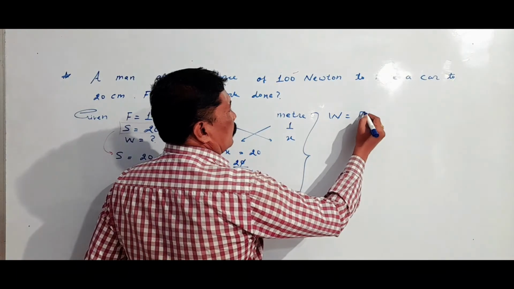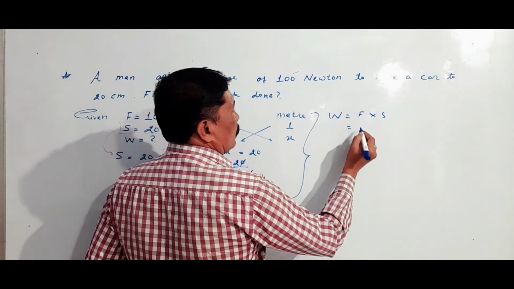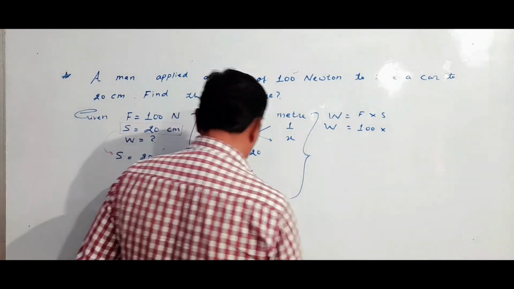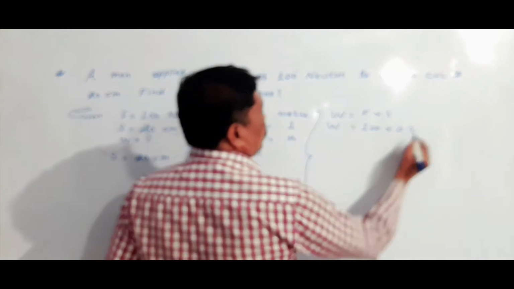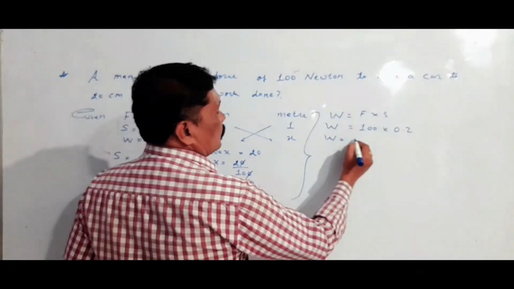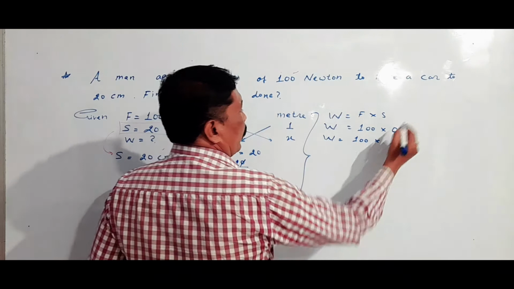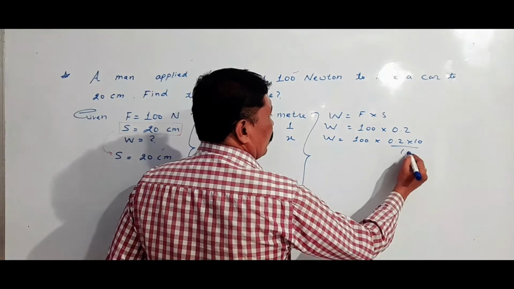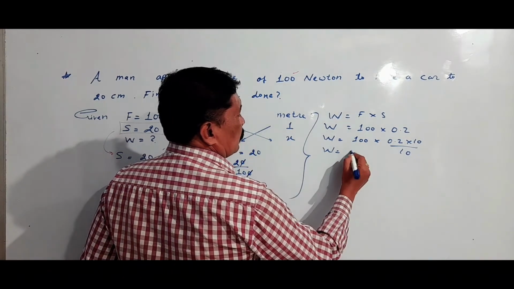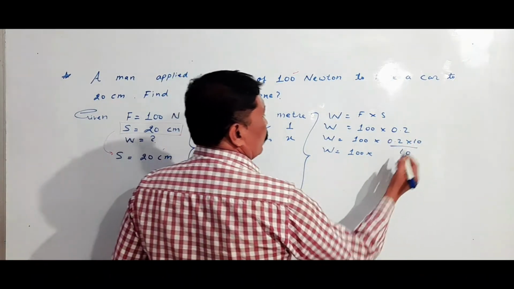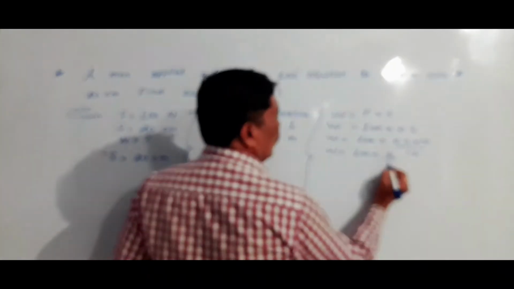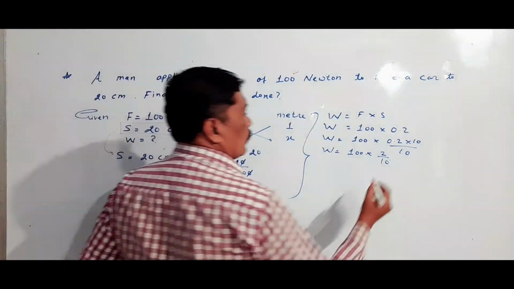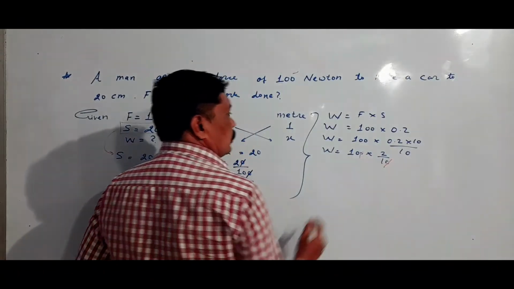W is equal to F into S. W is equal to 100 into 0.2. The point we have to remove, so 0.2 into 10 upon 10. So W is equal to 100 into 2 by 10. 0, 0 cut.